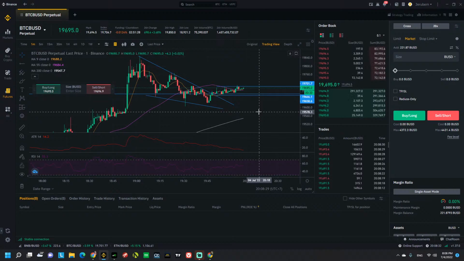So right now there's nothing happening. Some people are maybe accumulating some of their wealth and ready to put on a trade either by buying or selling. So this might break somewhere. If it breaks down, we might do a sell. If it breaks up, we might do a buy.